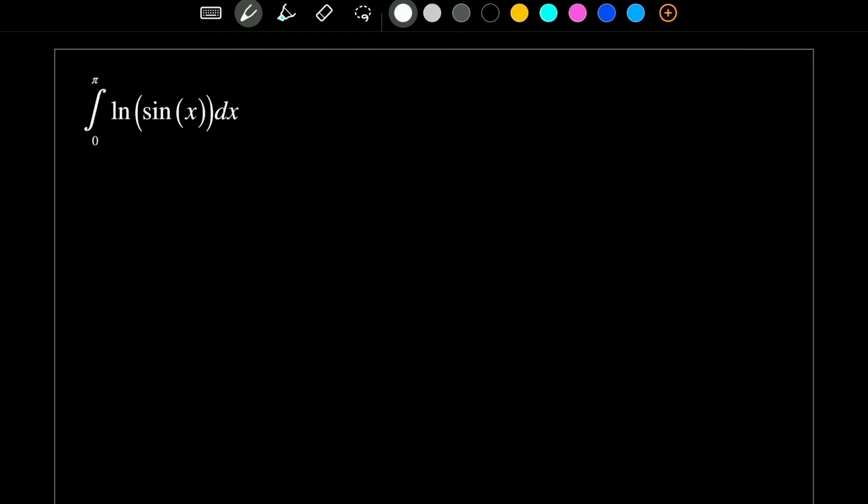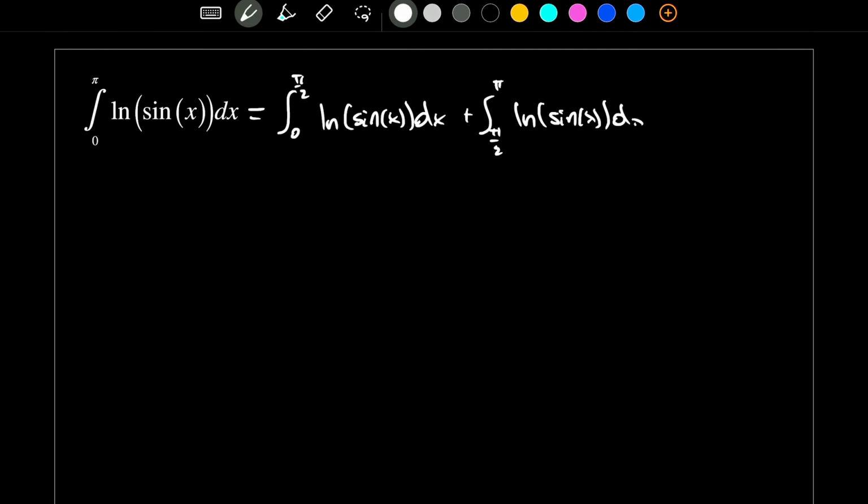We're firstly going to split this integral up into two pieces. So we're going to get the integral from 0 to pi over 2 of the natural logarithm of sine of x dx, plus the second part of this integral, the integral from pi over 2 to pi of the natural logarithm of sine of x dx.